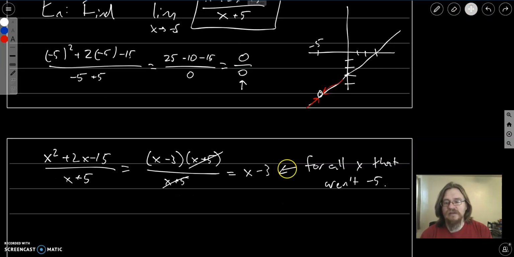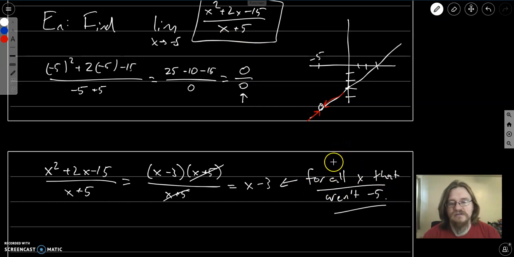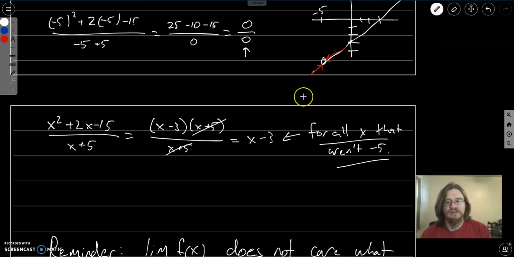So when I'm taking a limit as x approaches -5 of this guy, we see that close to -5, we are just equal to x minus 3, and we're never concerned about what happens at -5. I can just take that limit.